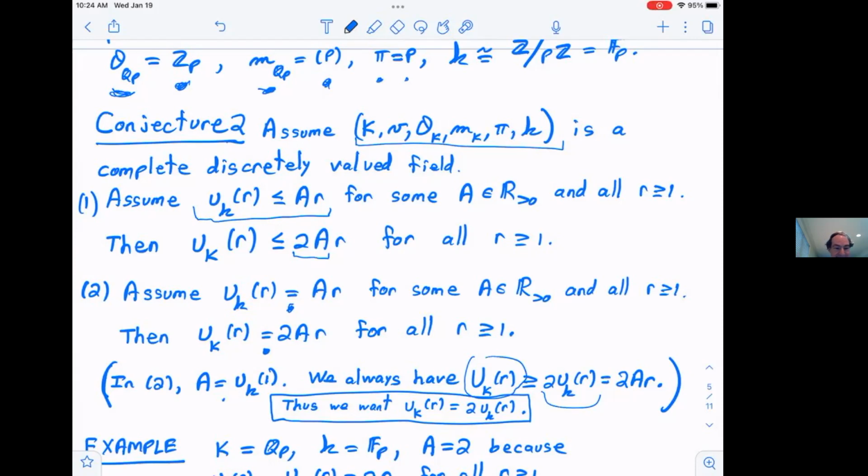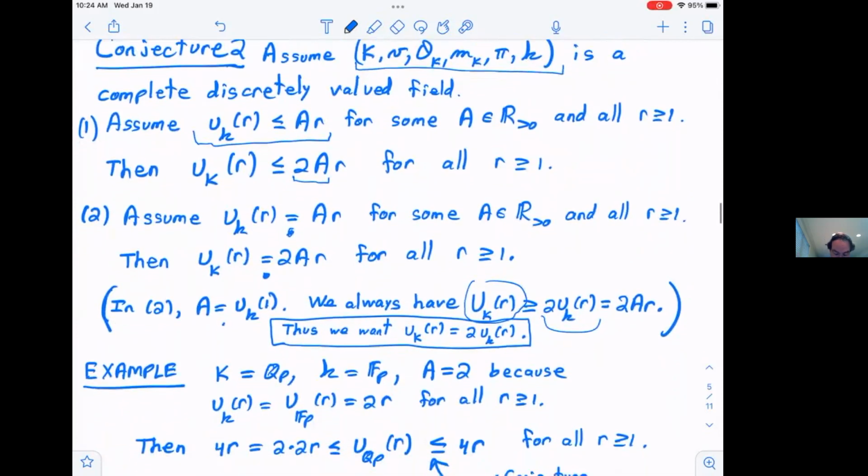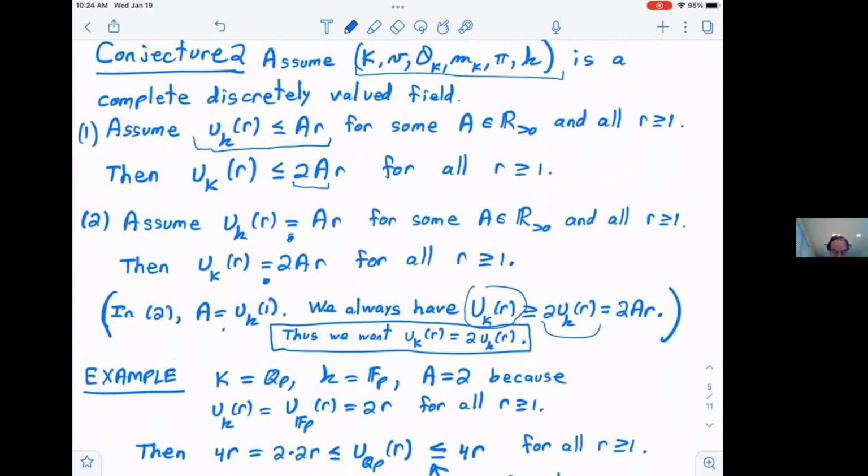The prime, no pun intended, the prime motivating example is Q sub p. Suppose K is Q sub p, so a complete field, residue field F sub p, the field with p elements. Then capital A equals 2, because this holds by the Chevalley-Warning theorem.